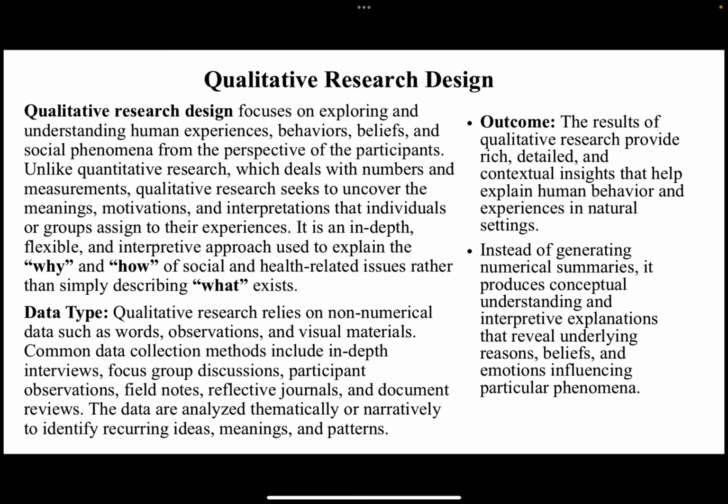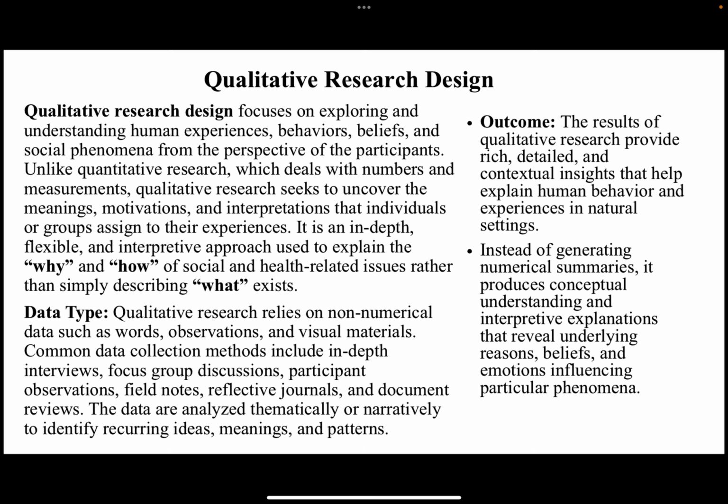Okay, so in a situation where you want to explore, you want to understand people's experiences, behaviors of people, perception, beliefs, social phenomena, you want an in-depth understanding of people's experiences, an in-depth understanding of people's behavior, people's beliefs, people's perception. The best design to use is qualitative research design.